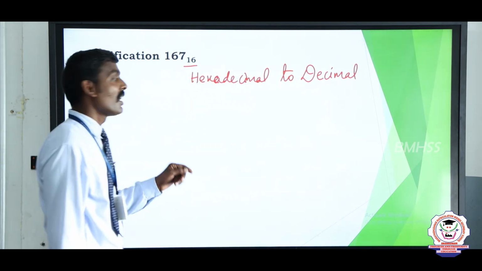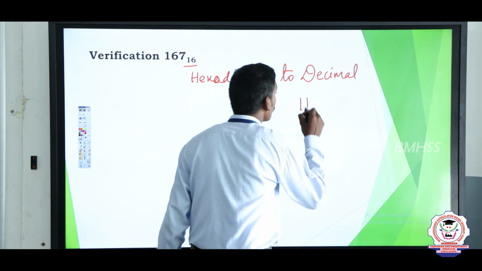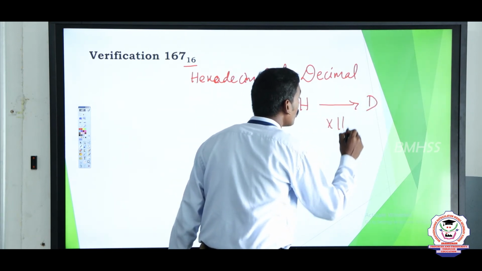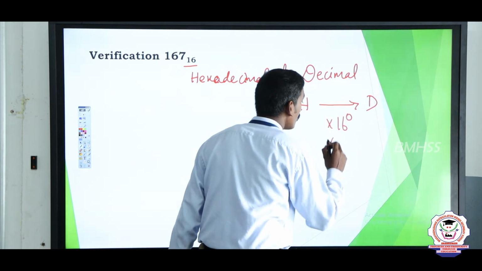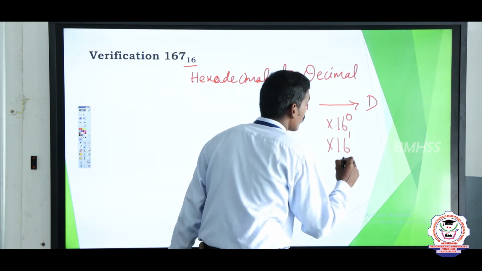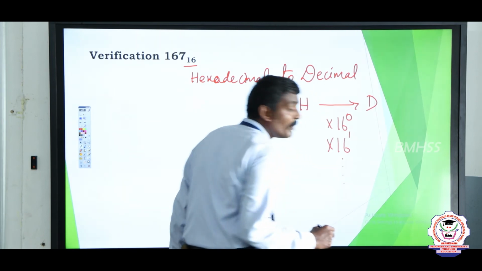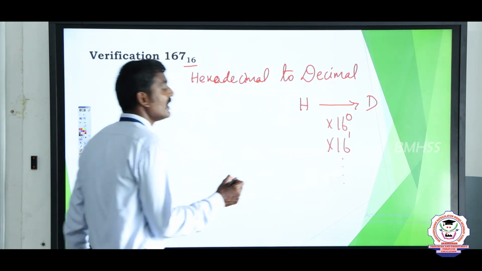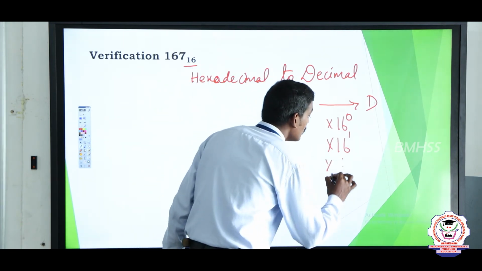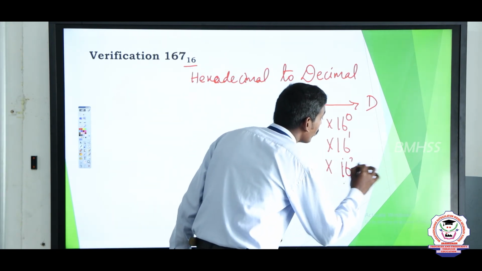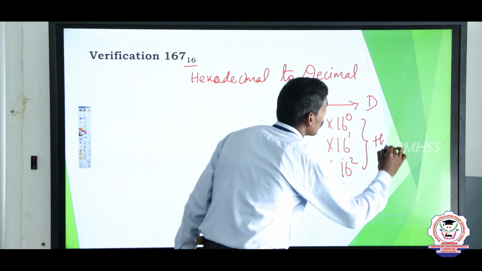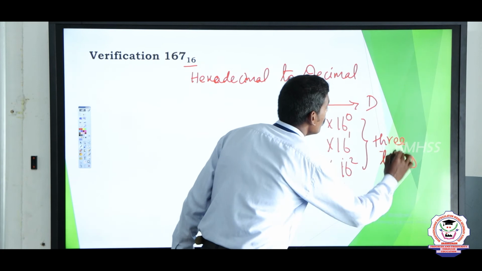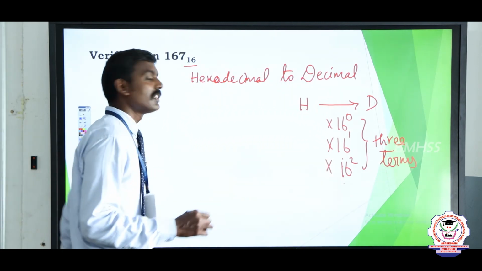And we have a formula that hexadecimal number system to decimal means it should be multiplied to the power of 0, 16 to the power of 0 and multiplied 16 to the power of 1. How many times it will occur is based upon the number of digits. In this problem, how many digits are there? Only 3 digits. So, 16 to the power of 2, we can use 3 terms.